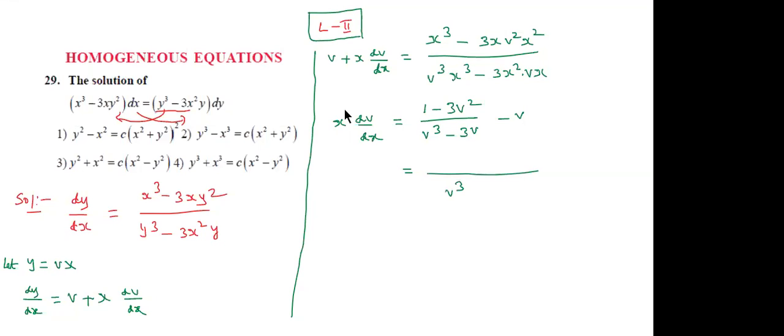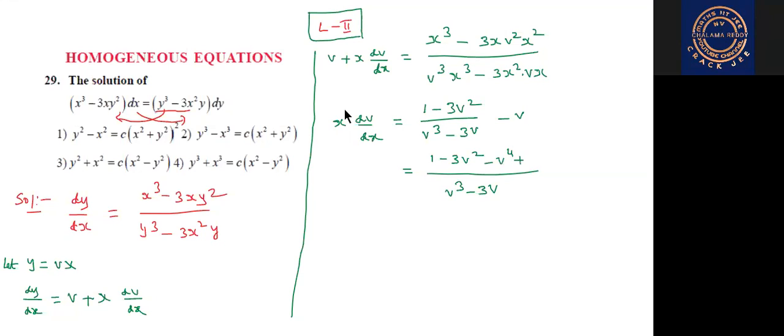LCM v cube minus 3v, 1 minus 3v square, v cube into v power 4, minus into minus plus 3v square. Okay, so here minus 3v square plus 3v square is going to cancel.